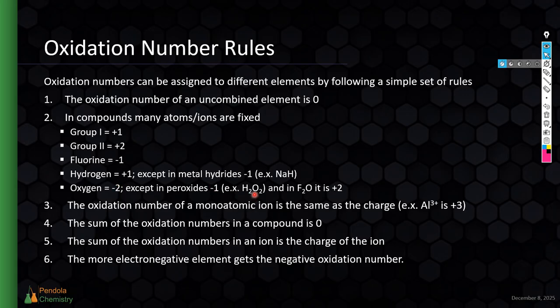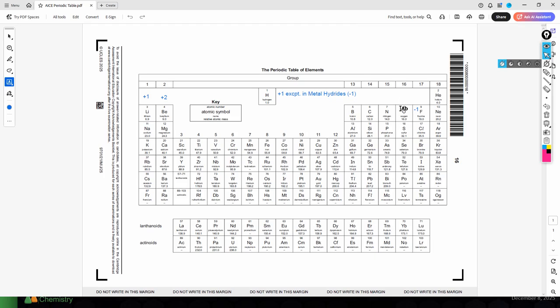And then the only time that oxygen will be positive is in F2O, when combined with fluorine, oxygen will have an oxidation number of +2. So essentially, oxygen is very complex.